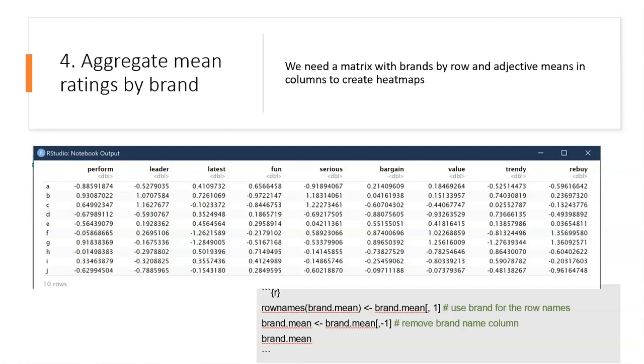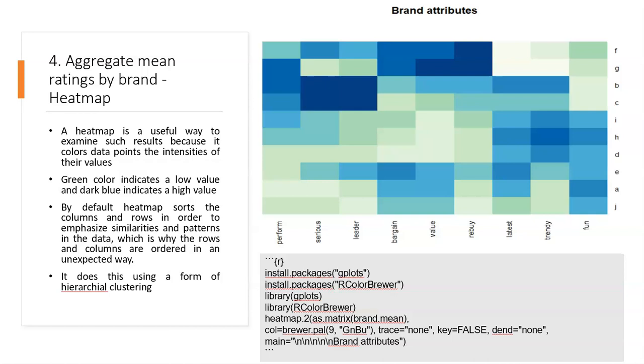Once you do this transformation, you can arrive at this heat map, and you can see that the green color indicates a low value of that variable on that brand, and the dark blue indicates a high value. By default, the heat map sorts the columns and rows in order to emphasize similarities and patterns in the data, which is why the rows and columns are ordered in an unexpected way.